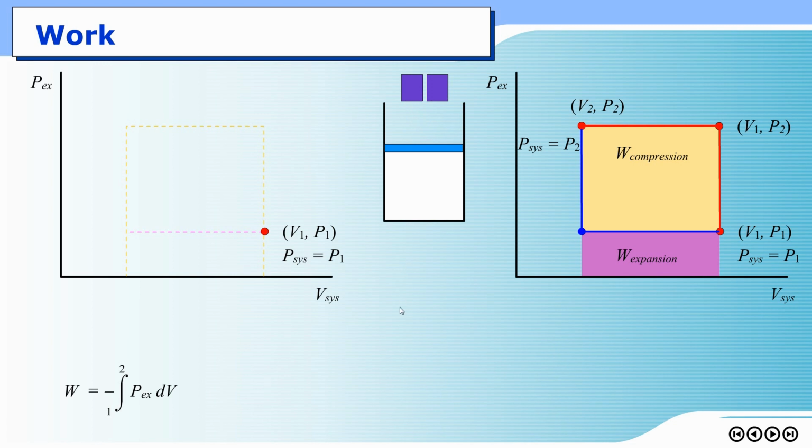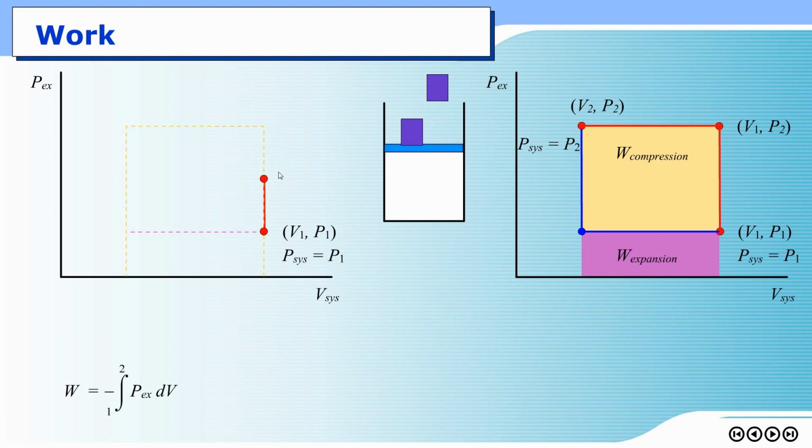But this time we put one piece at a time, 50 kilograms first. As soon as it touches the piston, the external pressure jumps up to this value. Of course, it does not go to P2 because the mass is only half, so the increase in pressure is only half of this pressure.